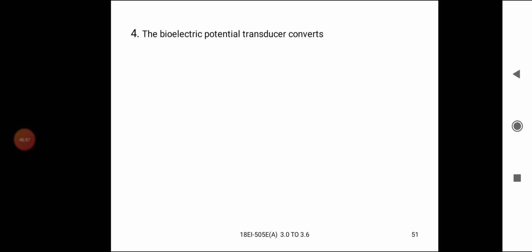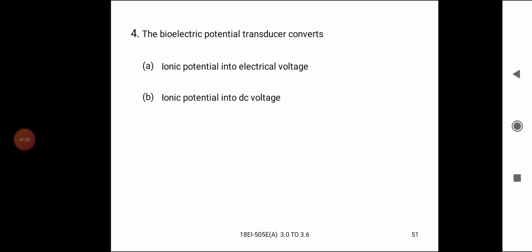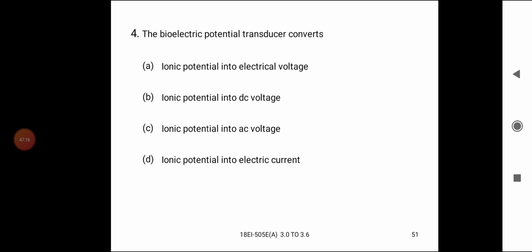Fourth: the bioelectrical potential transducer converts A, ionic potential into electrical voltages, B, ionic potential into DC voltages, C, ionic potential into AC voltages, D, ionic potential into electrical current. The answer is A, ionic potential into electrical voltages.